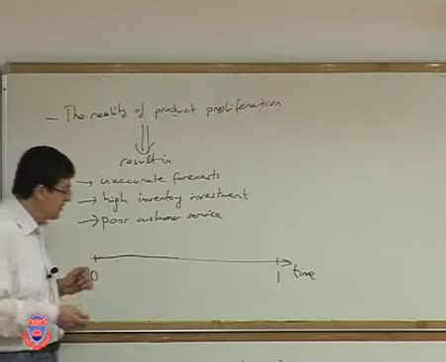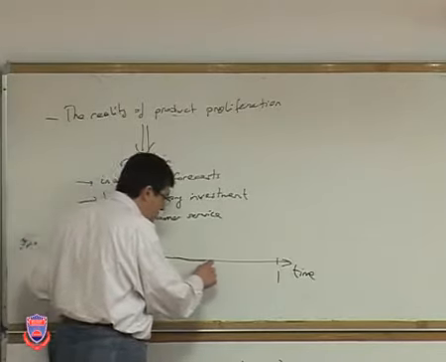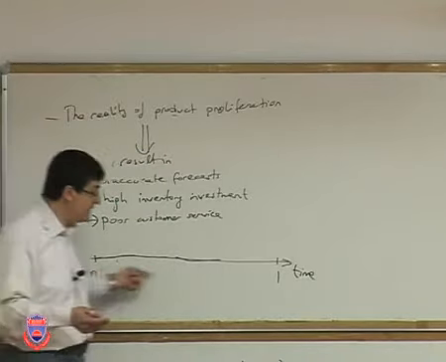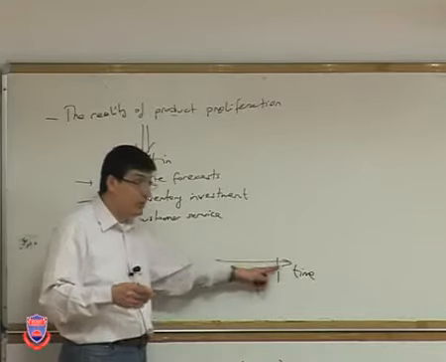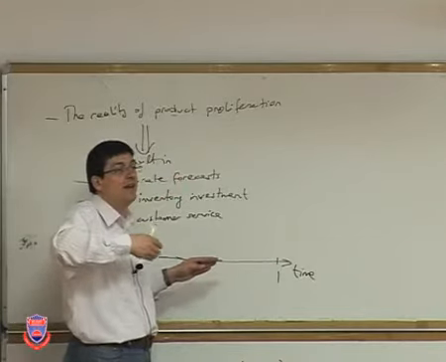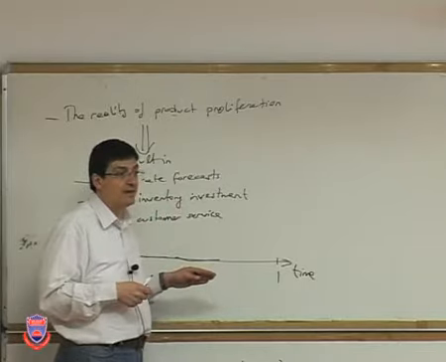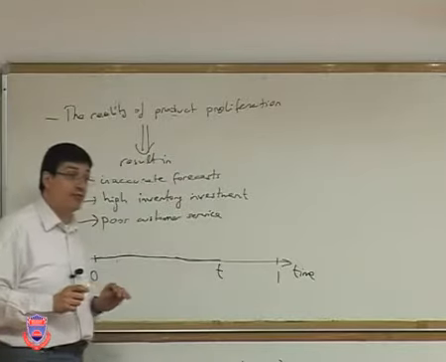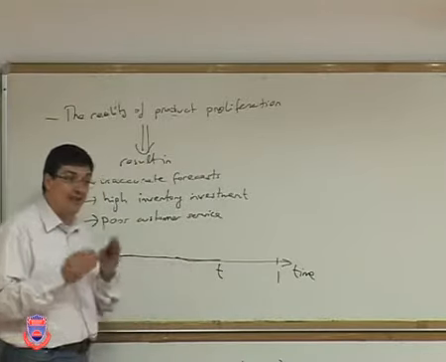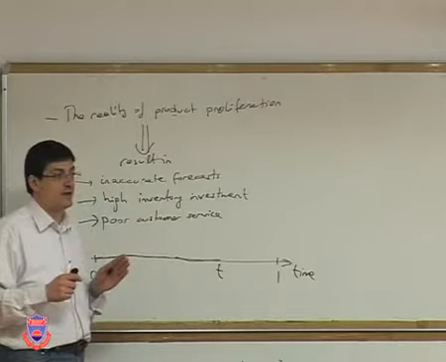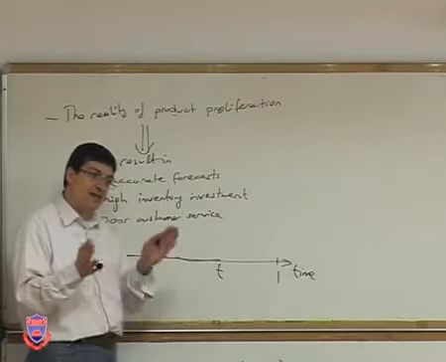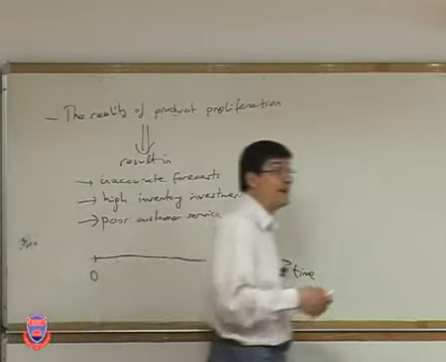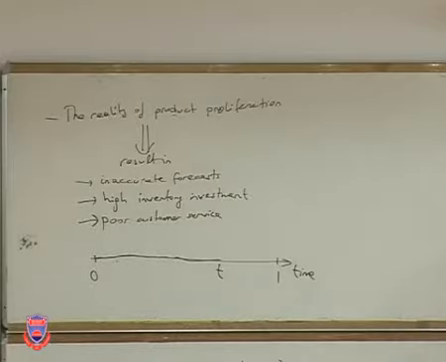You start with a common skeleton, and the longer that you can keep the common skeleton in the manufacturing process, the better it will be with respect to knowing the demand and responding to that demand. So there is a certain time t after which you have to differentiate your products. But up to this t, the products are more or less going to be similar. Now, this idea is called product differentiation, or delayed product differentiation.